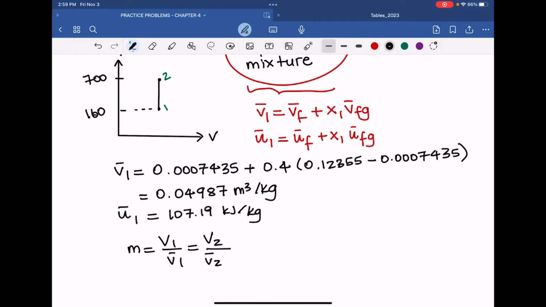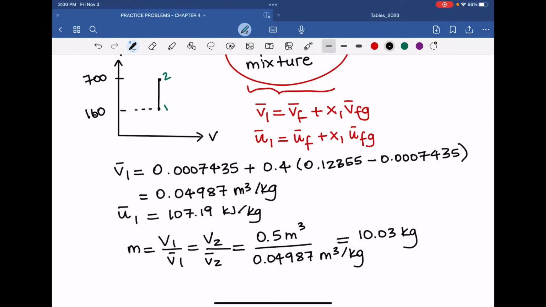So you can use either V1 over specific volume, or V2 over specific volume at the second state. Both are valid since the mass doesn't change, but I'm just gonna use this one, which we found already. And the mass should be this.